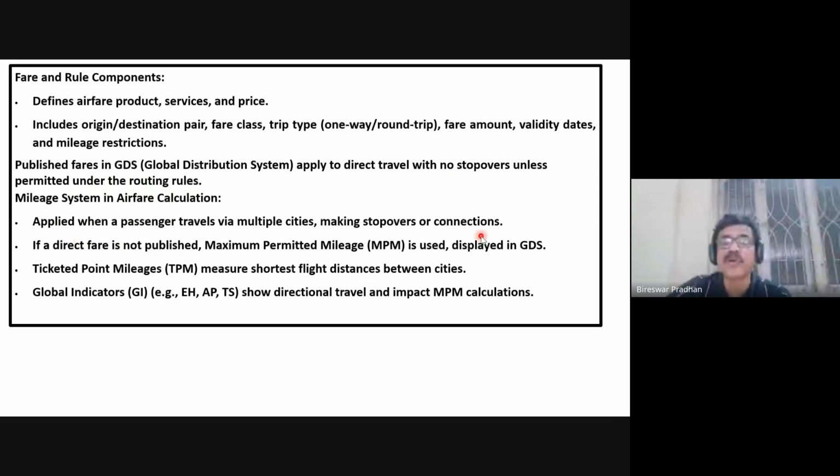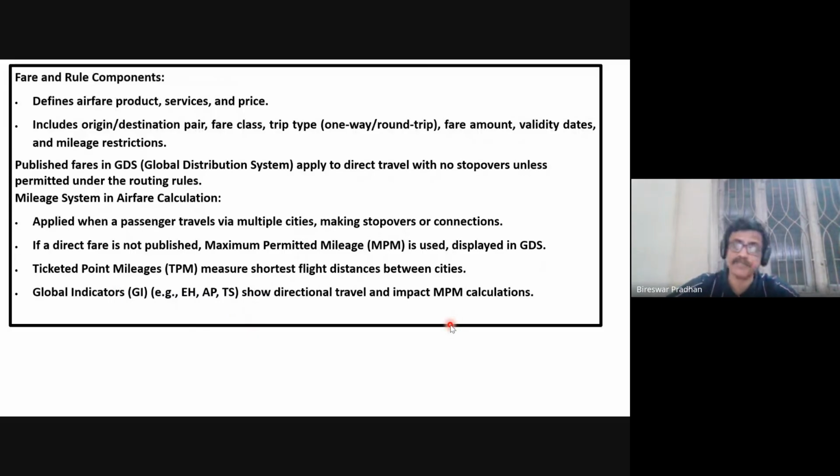If a direct fare is not published, the maximum permitted mileage is displayed in the GDS. Ticket point mileage measures the shortest flight distance between cities, and the global indicator, GI, such as EH, AP, and TS, shows the directional travel and impacts the TPM calculation.